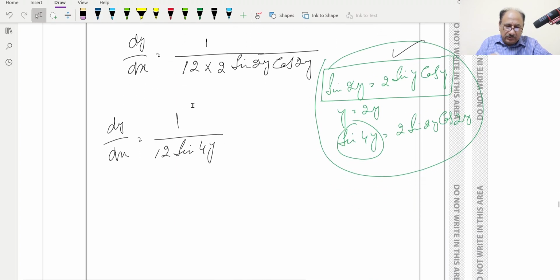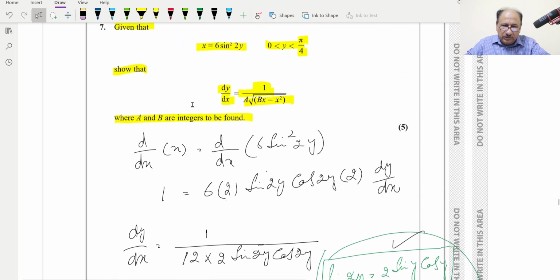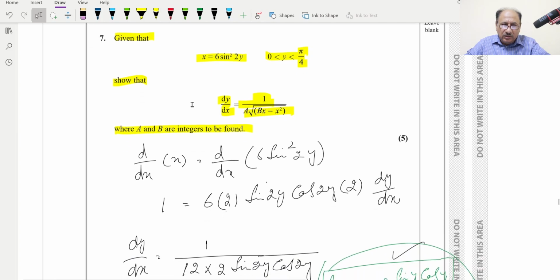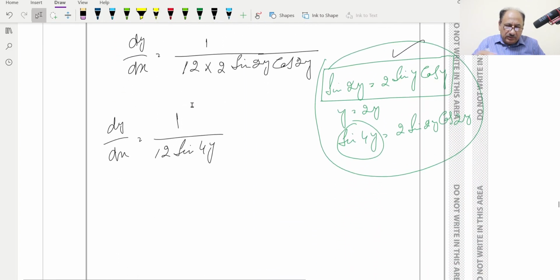Now this is basically the derivative, and this is the equation given, x is equal to sine square 2y. So we can rewrite as x is equal to 6 sine square 2y.